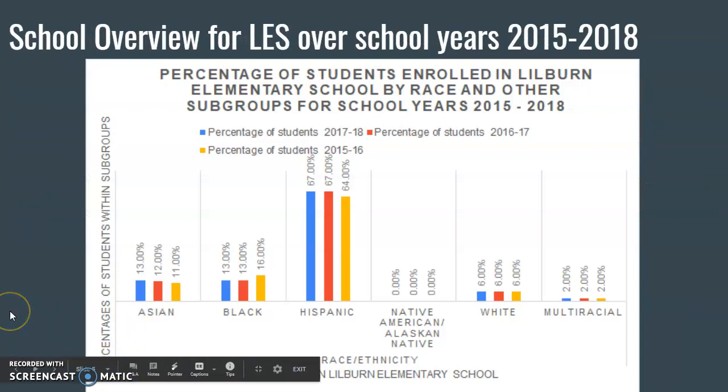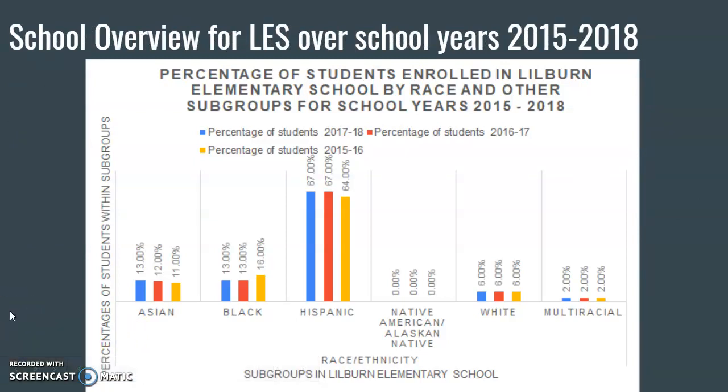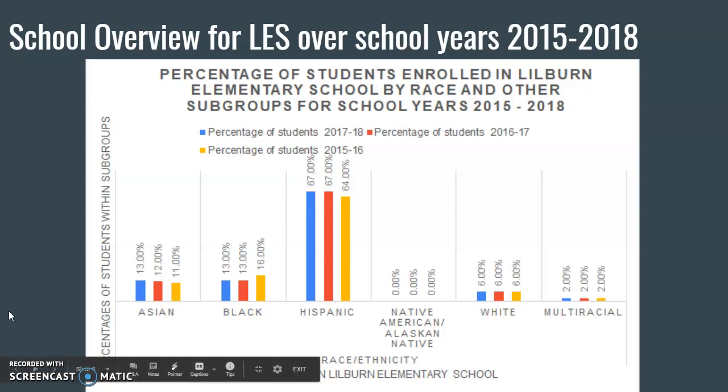In this first graph, we can see the percentage of students enrolled at Lilburn Elementary grouped by race or ethnicity in the school years 2015 through 2018. It is very clear in this graph that our school has a high majority Hispanic population, over 60% in all 3 years.